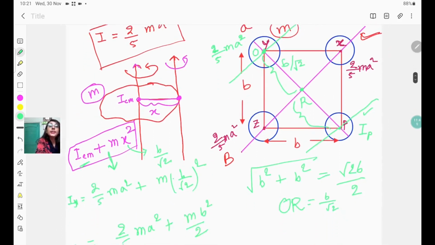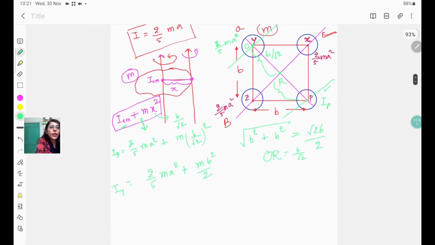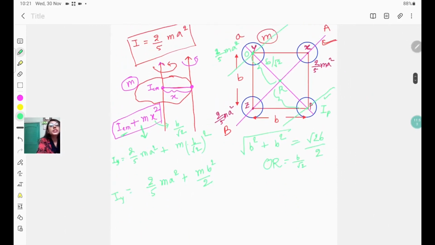So finally we need to add the moments of inertia of these 4 spheres to find the moment of inertia of the whole system.